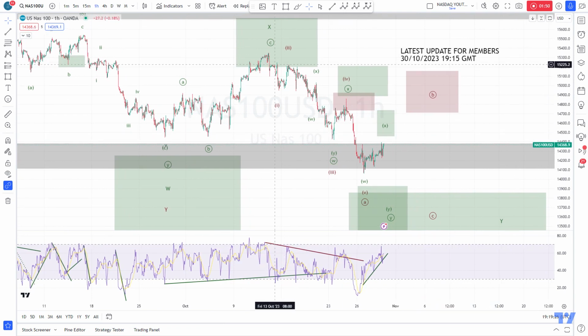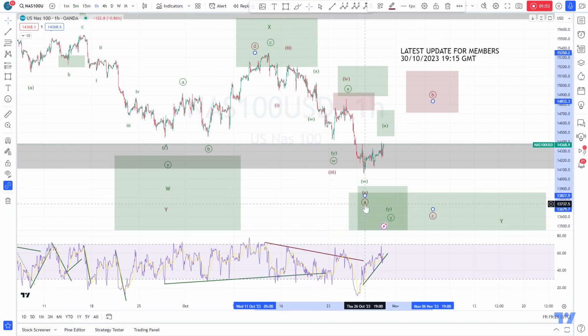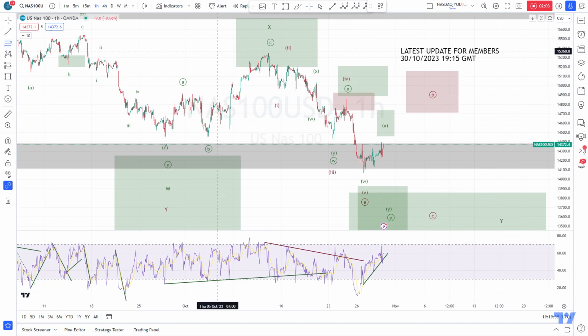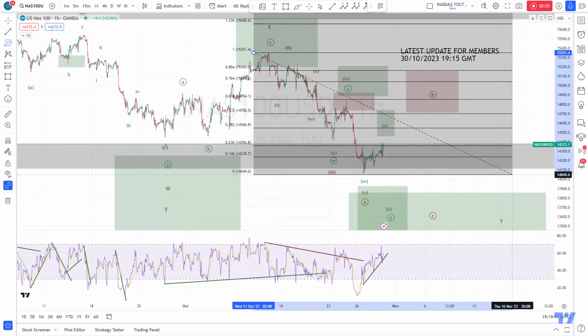Then here we could have a wave A down in 5 waves, 1, 2, 3, 4, 5. And now we could see upside as a wave B. And then we should go into this area right here.